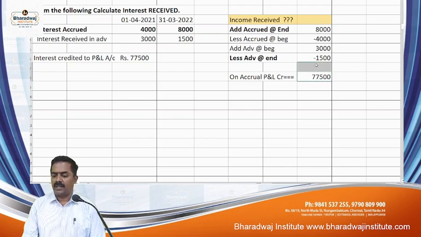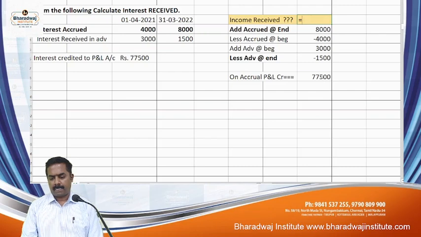77,500. When going reverse, everything is reversed. Plus 1,500 minus 3,000 plus 4,000 minus 8,000. Work out.